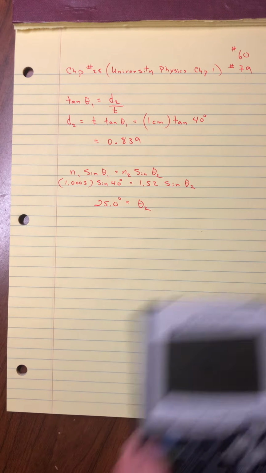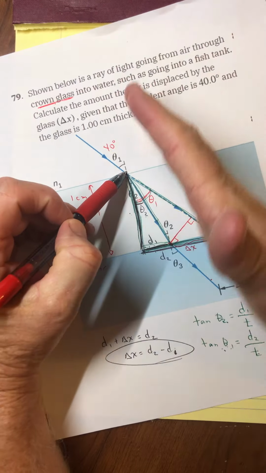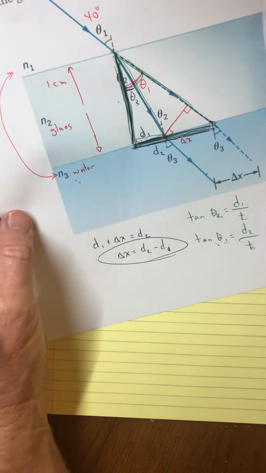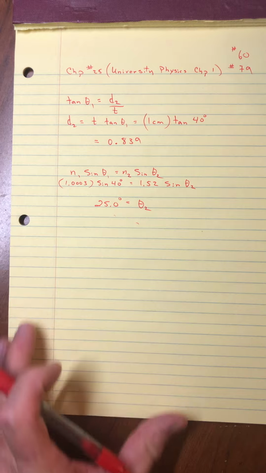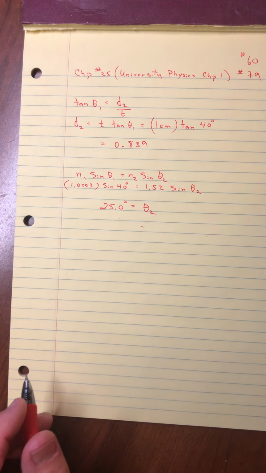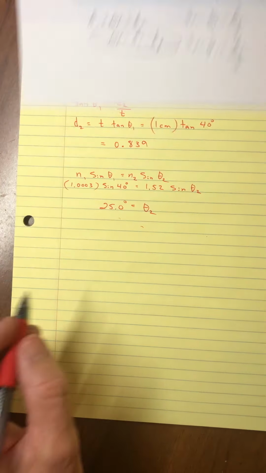So, again, definitely bent by about 15 degrees because it's coming in at 40, narrows down, and is only at 25. So it's shifted by 15 towards the normal. All right. So I can now come back over here and do this D1.